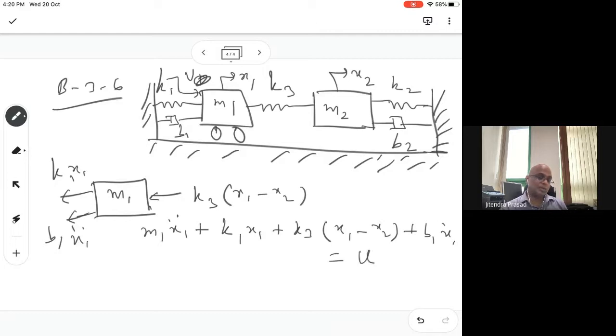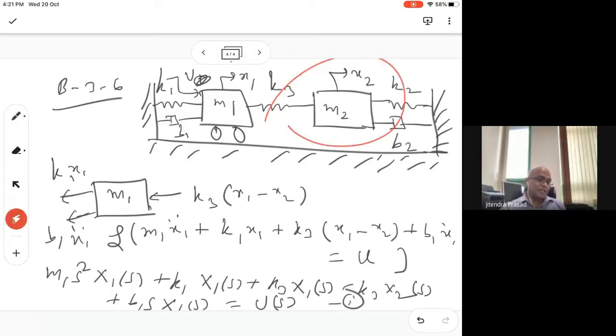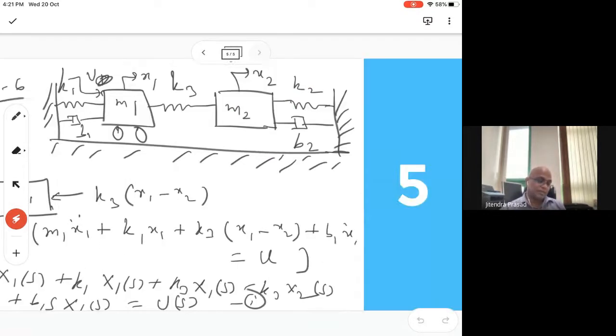If you take the Laplace transform, you get M1 S square X1(S) plus K1 X1(S) plus K3 X1(S) minus K3 X2(S) plus B1 S X1(S) is equal to U(S). This is one equation. Similarly, you can find the second equation, and then solve them to find X1 and X2.